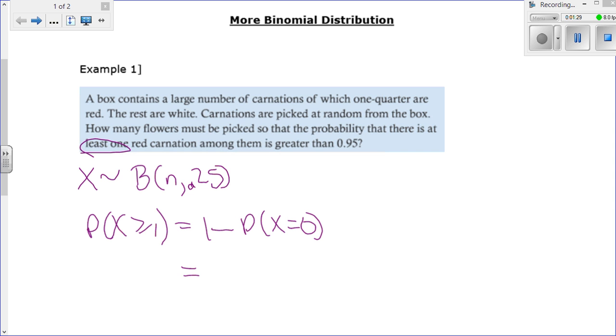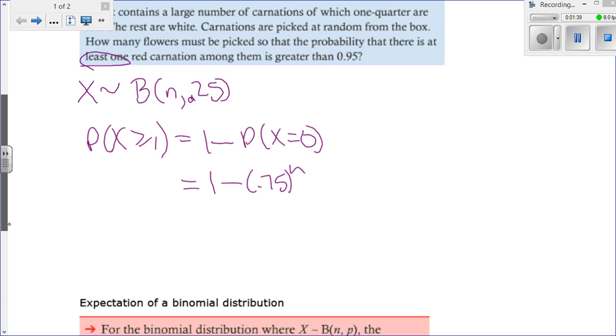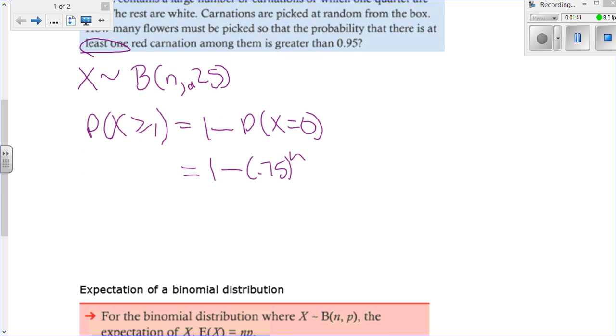And in that case, it would be 1 minus 0.75 to the n. We get that because the probability of getting the red is 0.25, and the probability of not getting a red is 0.75.